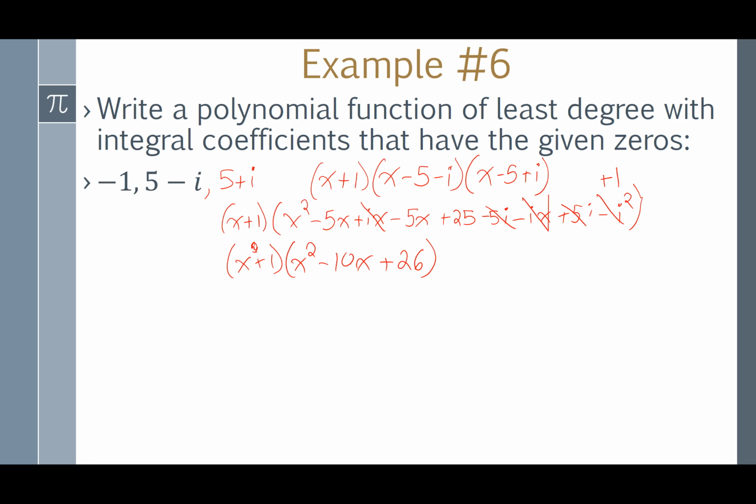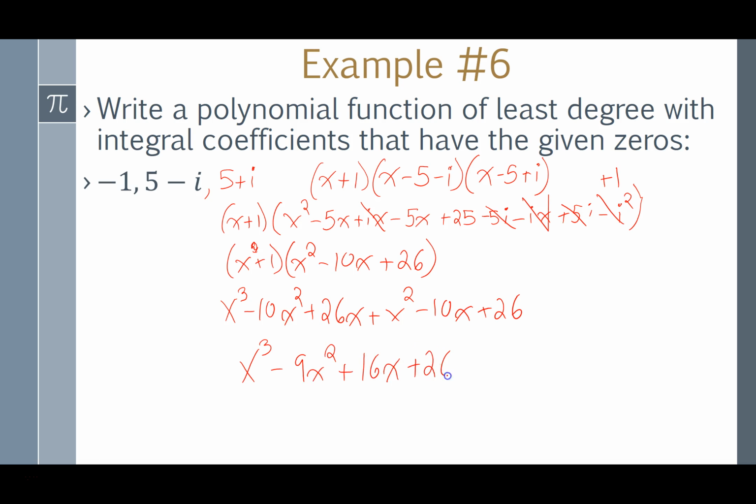We now have a quadratic, which can now FOIL nicely with the x plus 1 to make x cubed minus 10x squared plus 26x plus x squared minus 10x plus 26. So we combine like terms to get x cubed minus 9x squared plus 16x plus 26.